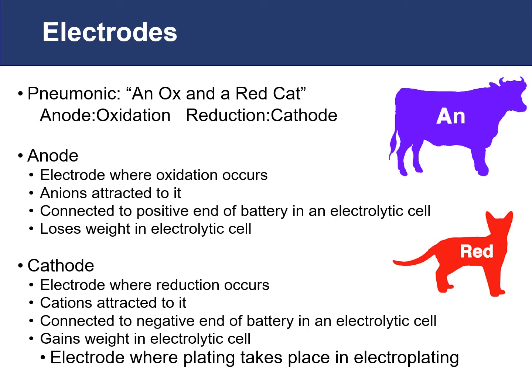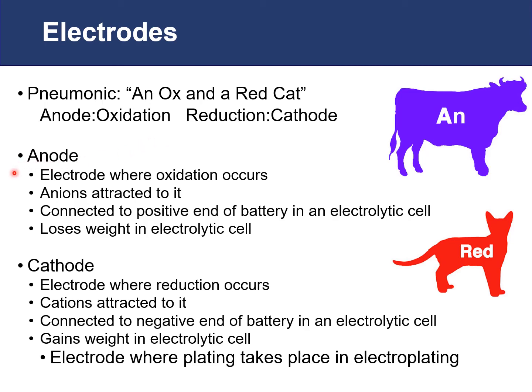A popular one is "an ox and a red cat," which stands for anode is the oxidation, reduction is the cathode. I personally prefer to remember that anode starts with a vowel, so does oxidation; reduction starts with a consonant, and so does cathode. But whatever method works best for you, rely on that.